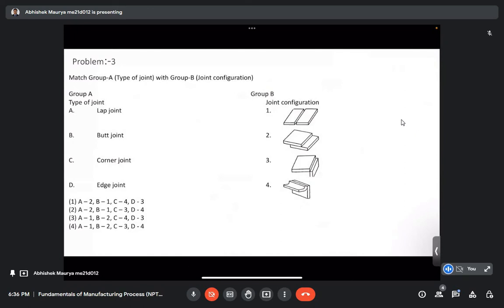Please read the problem and try to find the correct match, and you can give your response in the polling section. Meanwhile, I will create the poll.